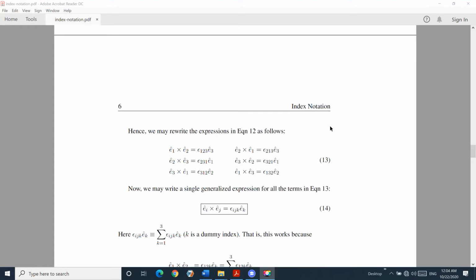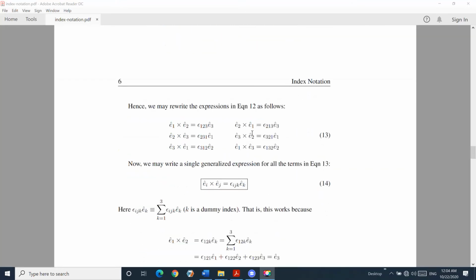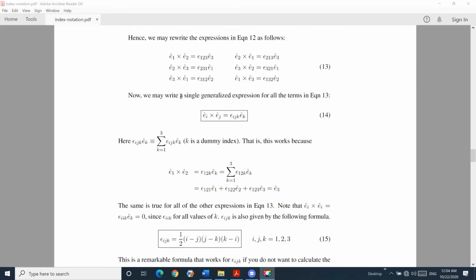Then we can rewrite everything in 12 in this form here. Now we may write a single generalized expression for all the terms. The cross product of Ei and Ej gives the result epsilon ijk Ek. This is the general form of all these expressions.